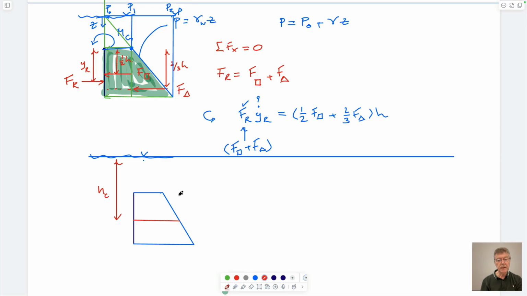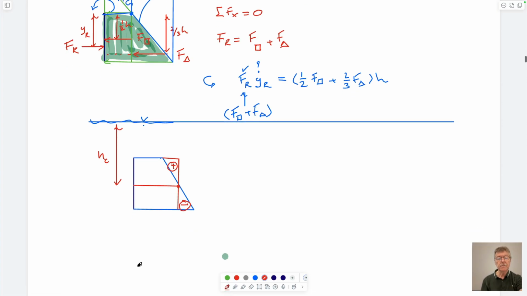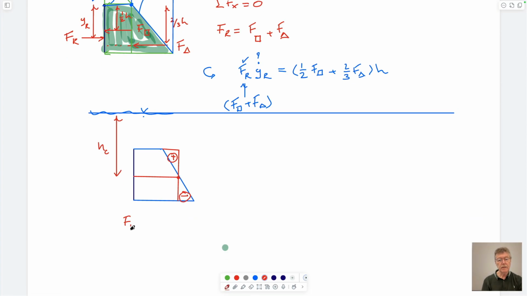We take this, subtract this, and add it here. And that is why the resultant force is always equal to the unit weight times hc, which is the pressure at this point. P average is equal to unit weight times hc, multiplied by the area of the plate.